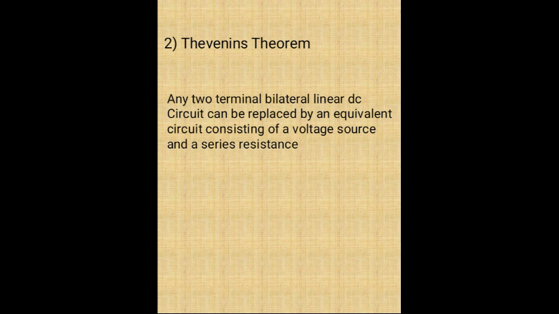For example, resistance. In a resistance, we can apply voltage from any side. Then the value of voltage across resistance will always be equal, or power loss will also be equal.